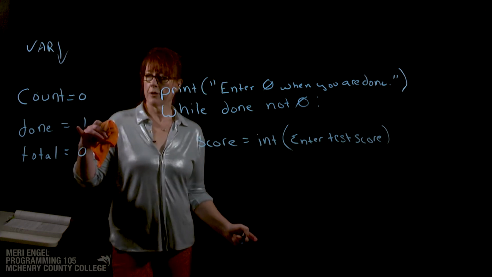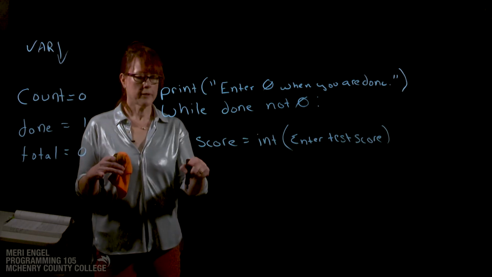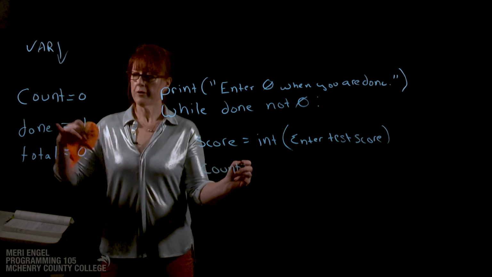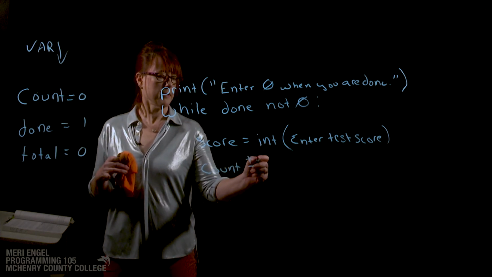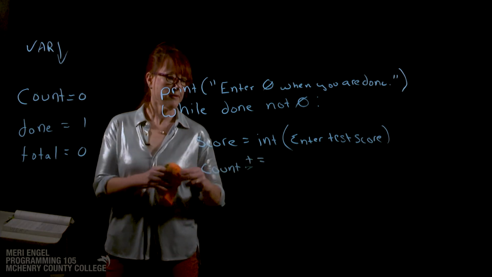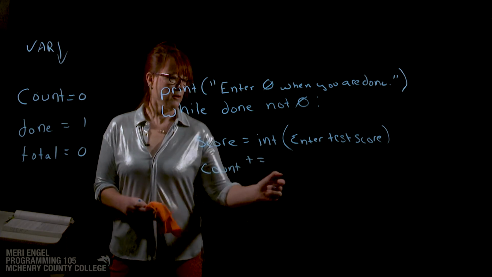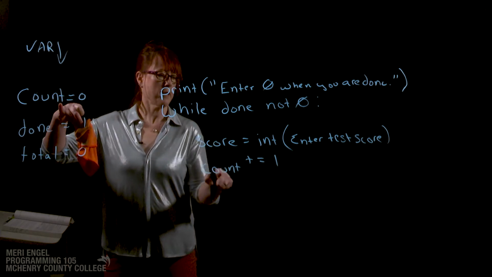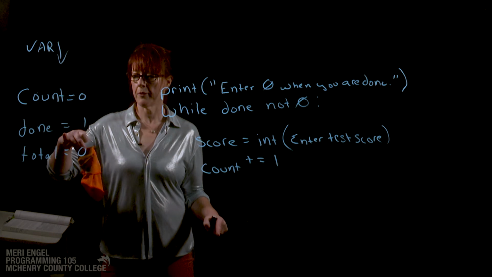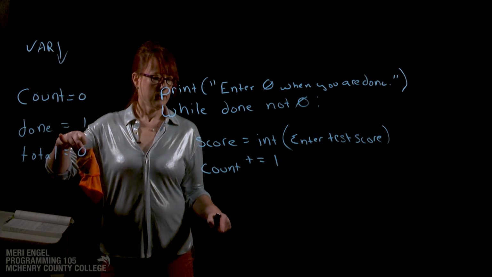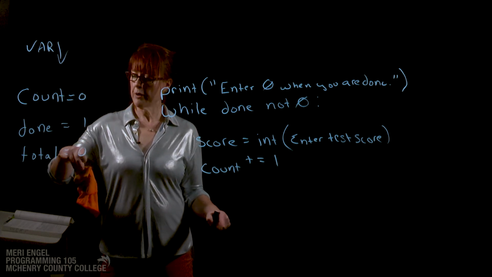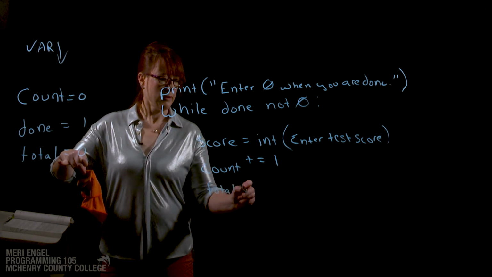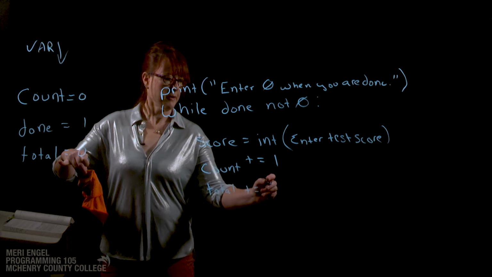Now we're actually starting with 0 here, so we're going to need to do a few things. We're going to do count, which starts at 0, plus equals 1. So count equals itself plus 1. So count has now moved from 0 to 1 on our first trip through. Then we're going to do total plus equals score.